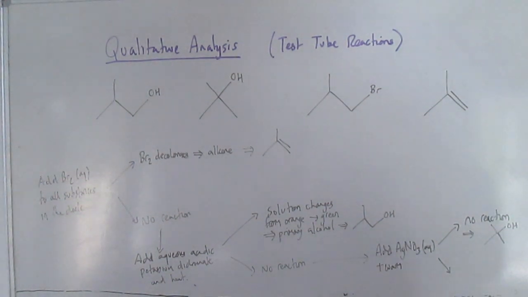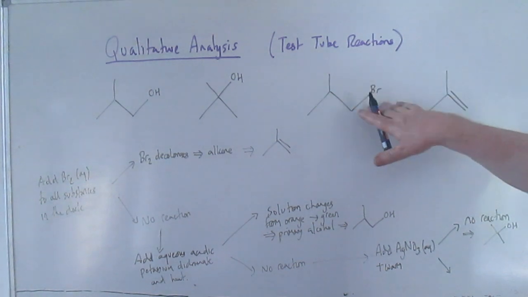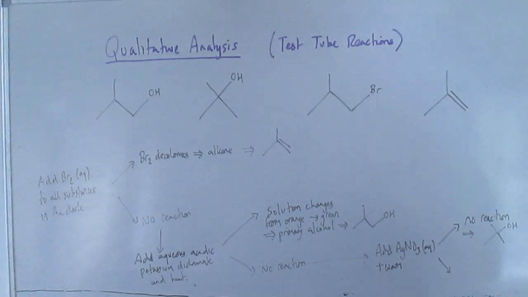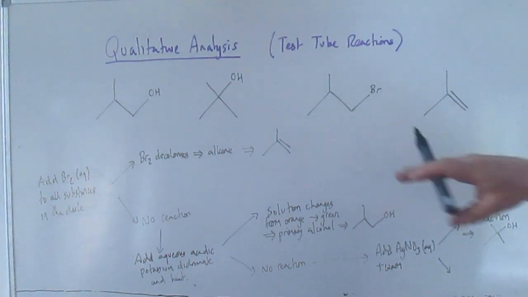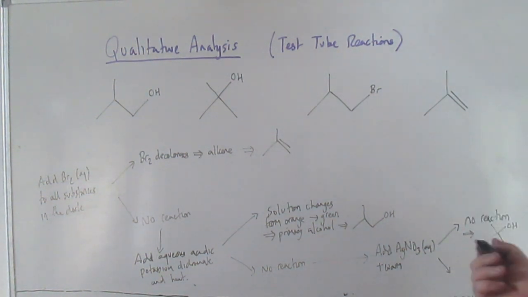Well, the bromide ions released when this reacts with the water, those bromide ions will precipitate out with the silver nitrate to produce a cream precipitate of silver bromide. So you get a cream precipitate, which means that you have that compound.